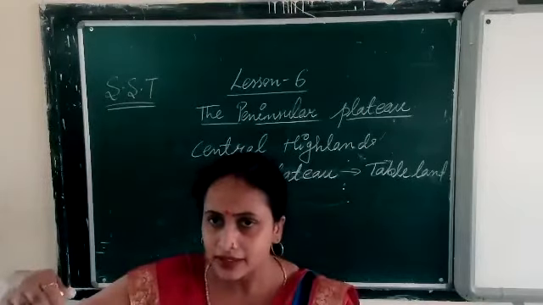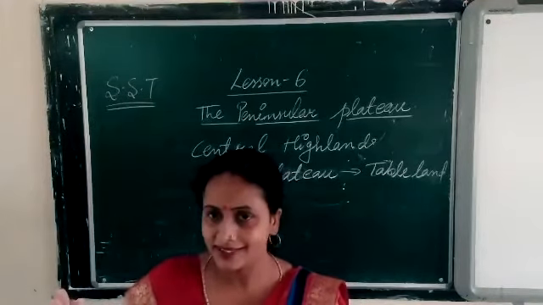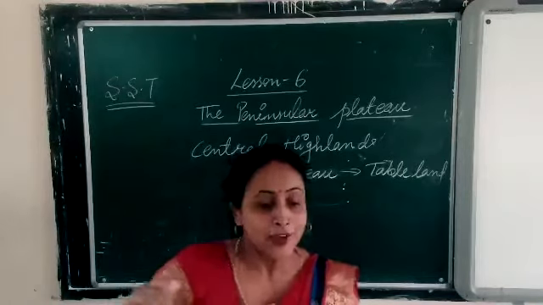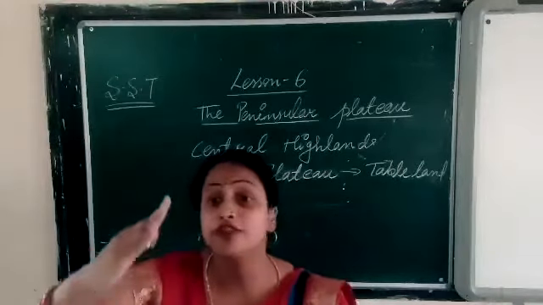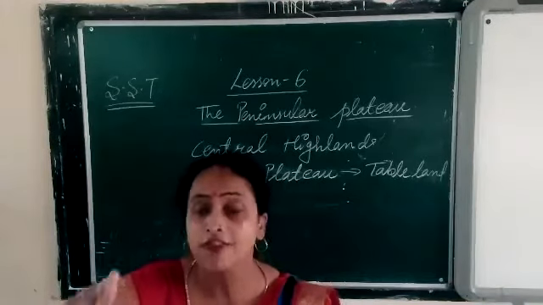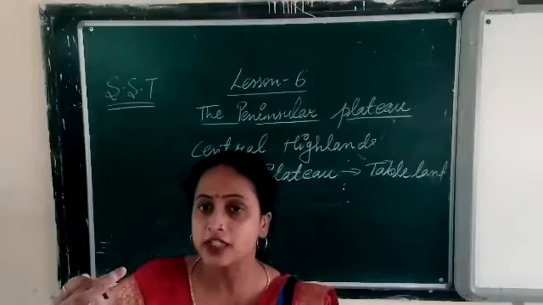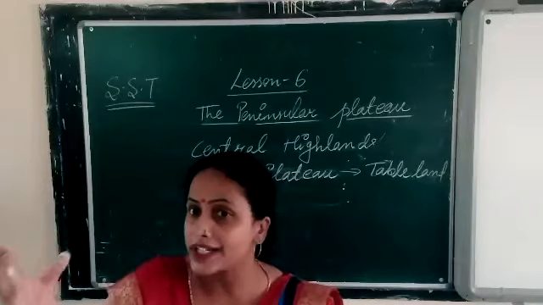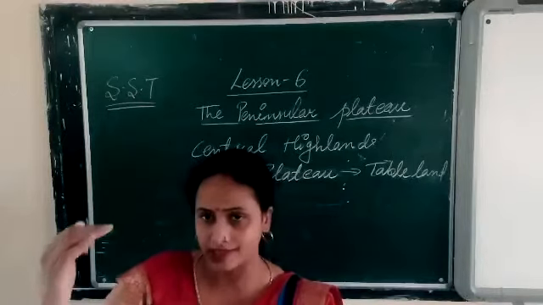Are you getting it? Say yes or no. So plateau is called tableland, and it is one of the physical features, just like mountains, plateaus, plains. These are the physical divisions.